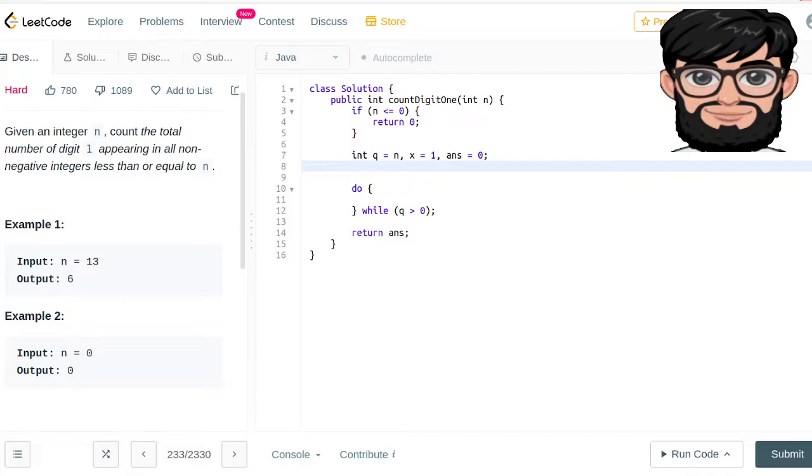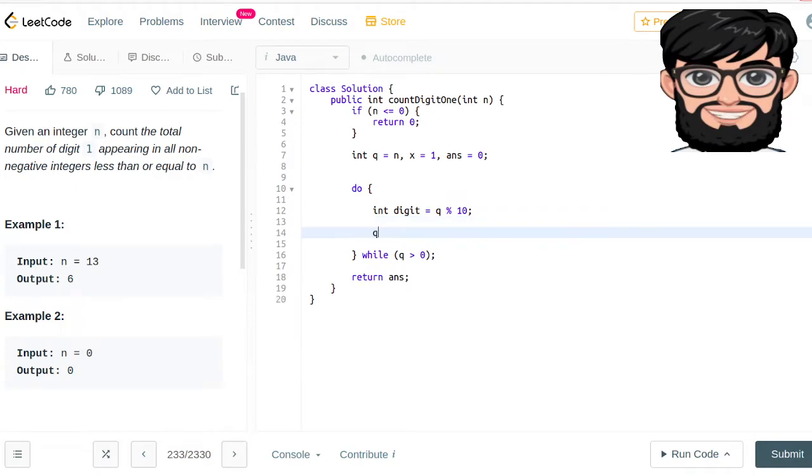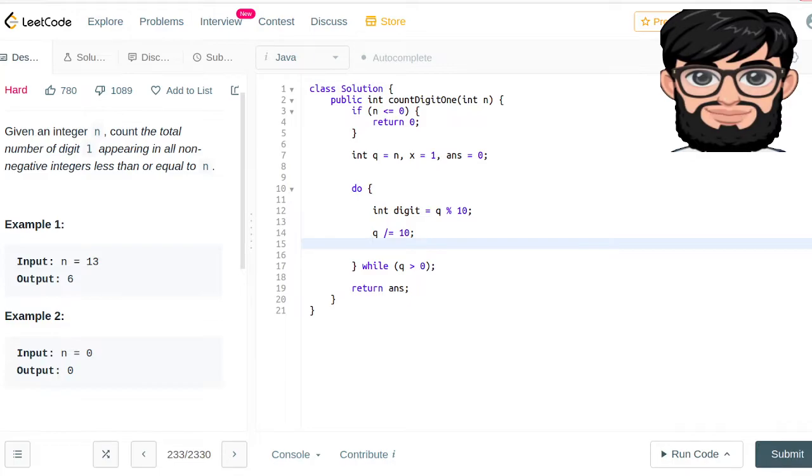Okay, inside the loop, first thing is we're gonna check the digit, the rightmost, the least significant digit in this q. So for that we're gonna say that the digit is equal to q modulus 10, right? And then the q is gonna get divided by 10 every single time, and then the answer plus equals q multiplied by x.